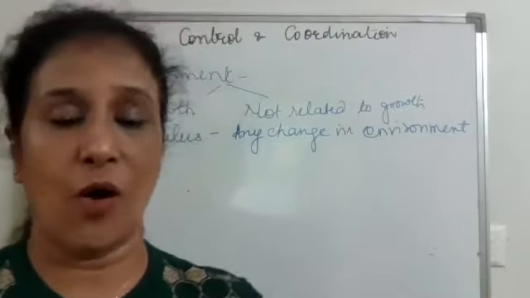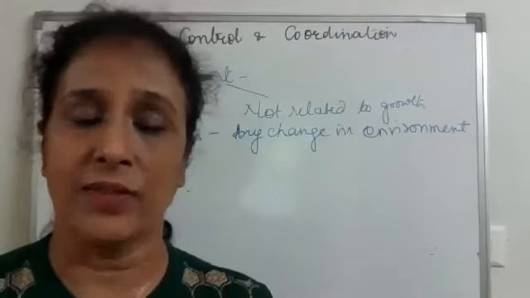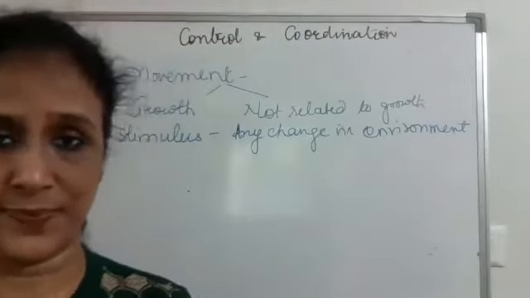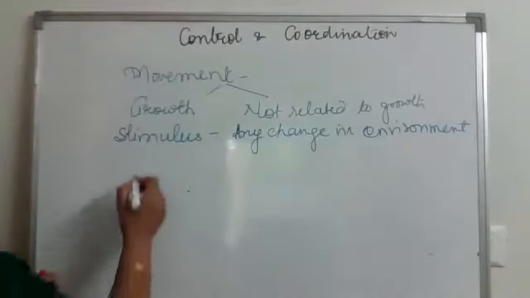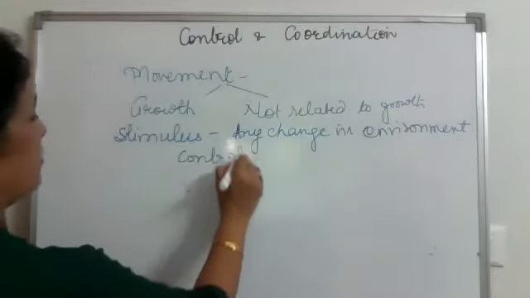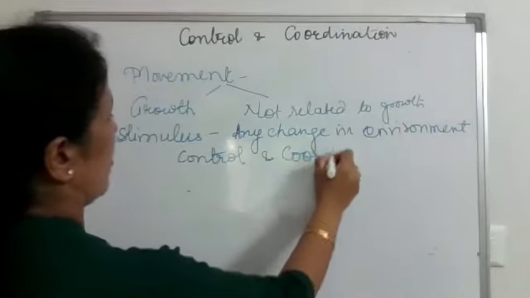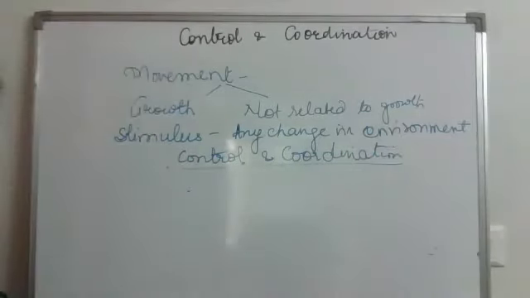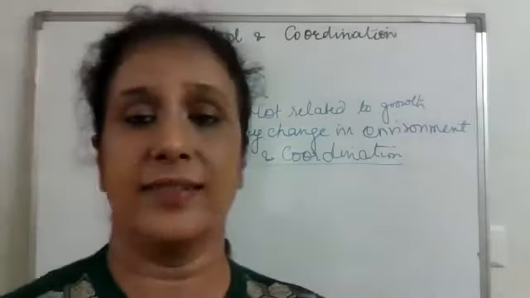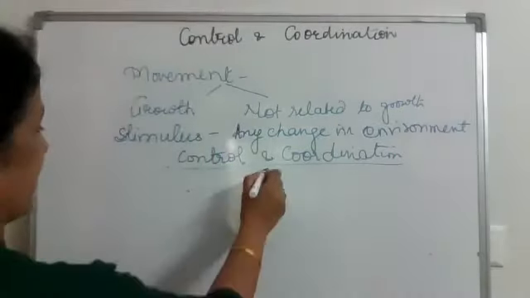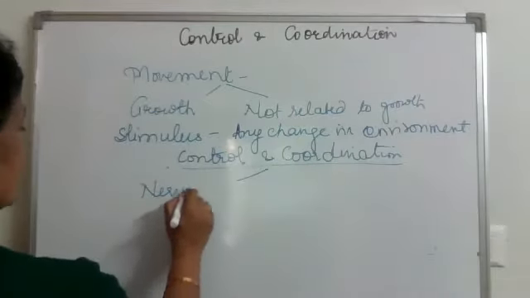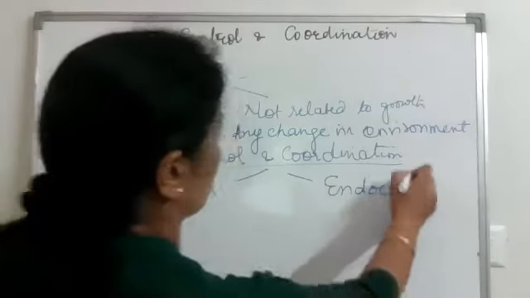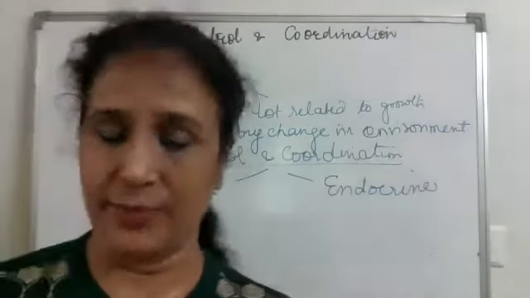Not only in our body, all living organisms have a certain kind of control and coordination in their body. So this control and coordination is an important system in all living organisms. It may be brought about by the nervous system, or it may be by a chemical system that is known as the endocrine system.